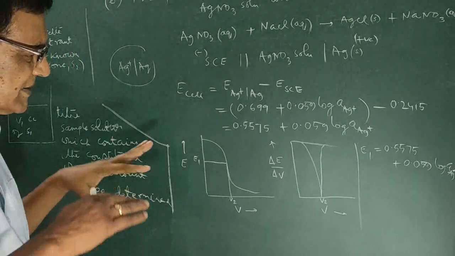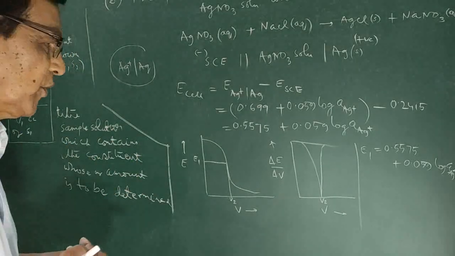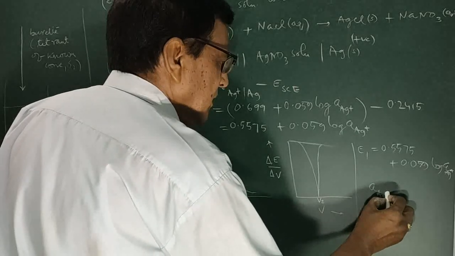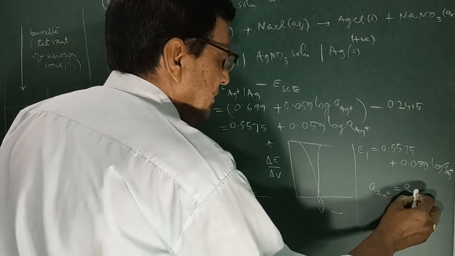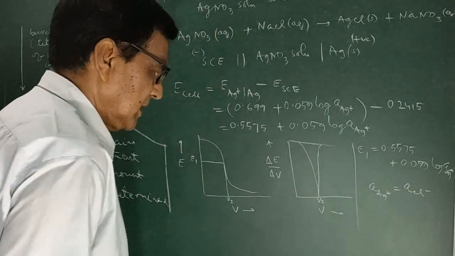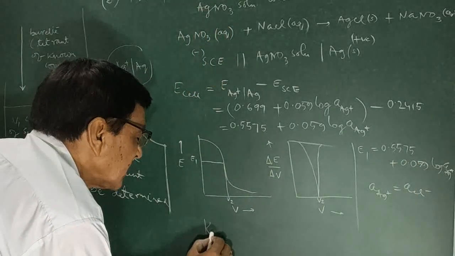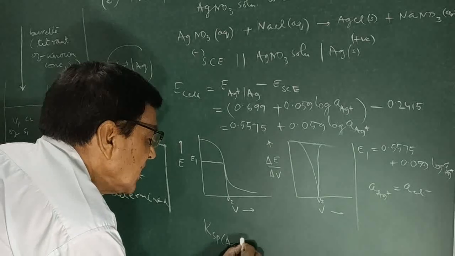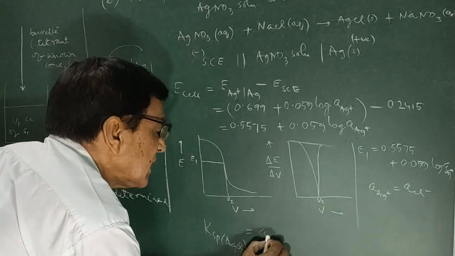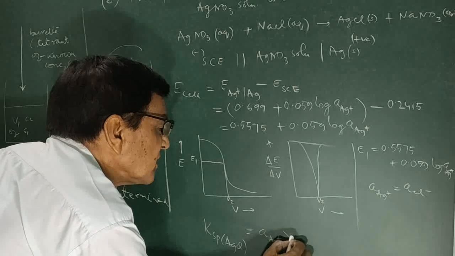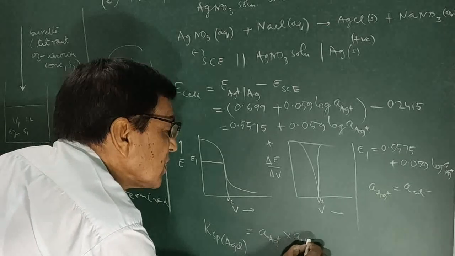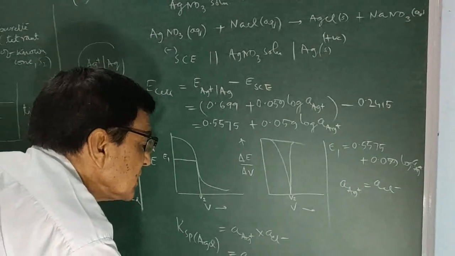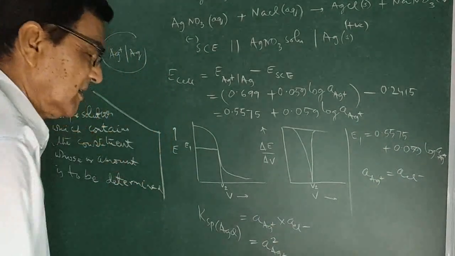And we know just at this equivalence point, the activity of this silver ion becomes equal to the activity of this chloride ion. Then the solubility product of this silver chloride will be equal to the activity of the silver ion times the activity of this chloride ion, and this one will be the activity of silver ion squared.